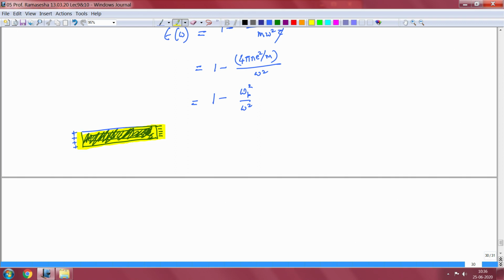Now, in this picture also it is possible to obtain the same expression, and it is quite straightforward. What we have is the polarization that is developed.